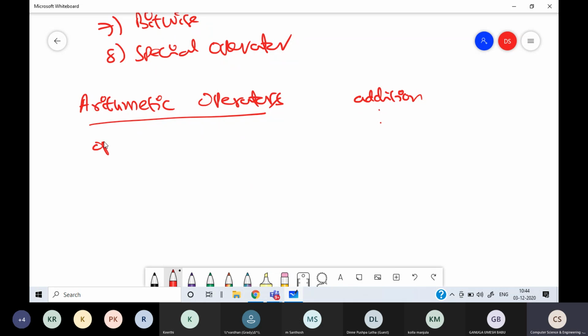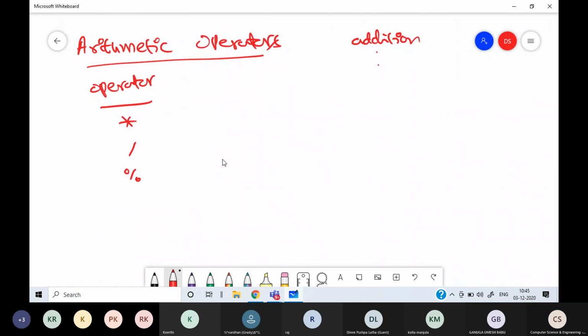There are different symbols like plus and minus. There are five arithmetic operators present.